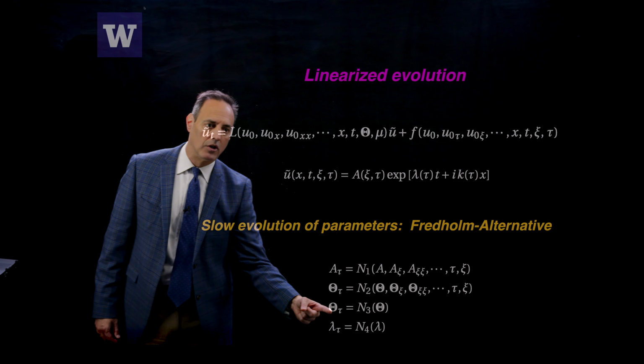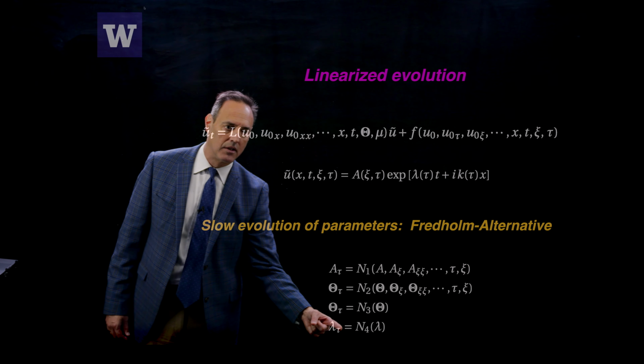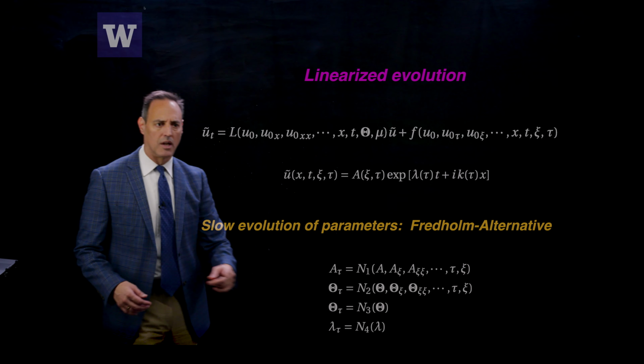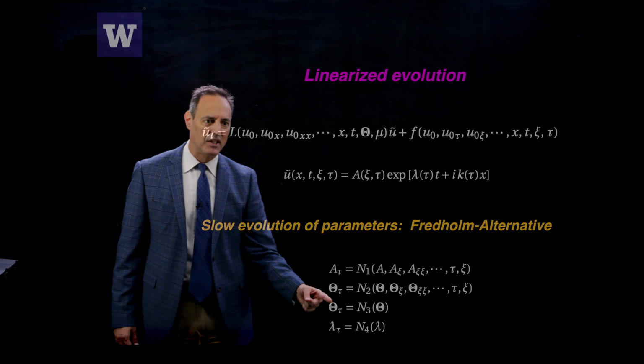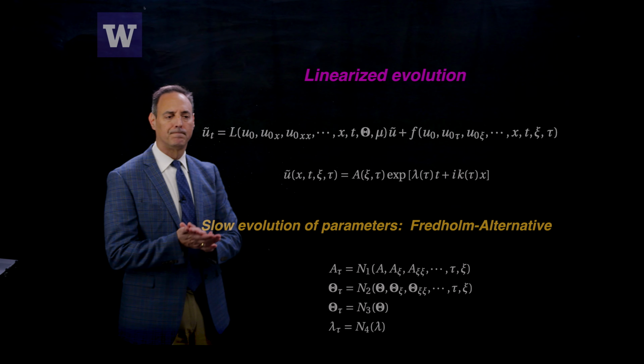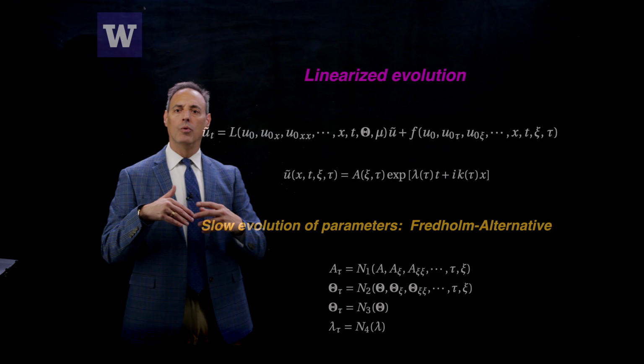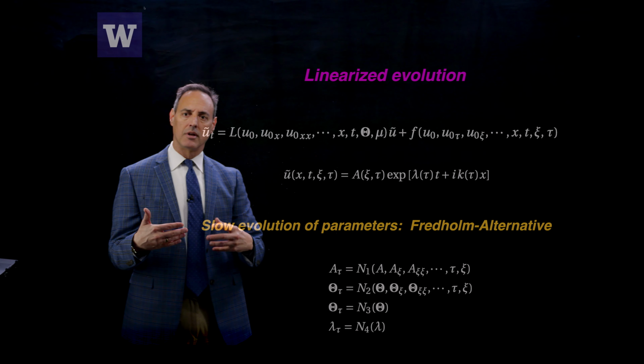Here you go. It's just rewriting that theta of tau, and then lambda of tau here as well can be some evolution equation. I think actually this is supposed to be k of tau, not theta of tau. My mistake.